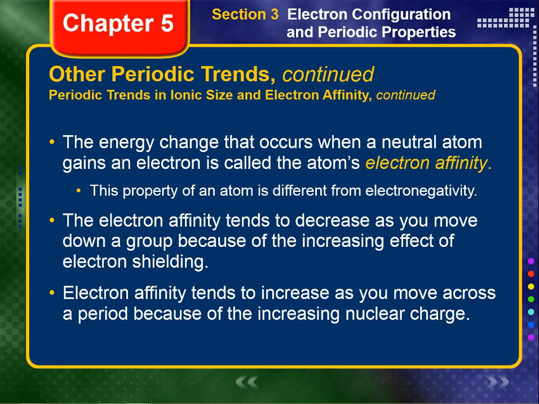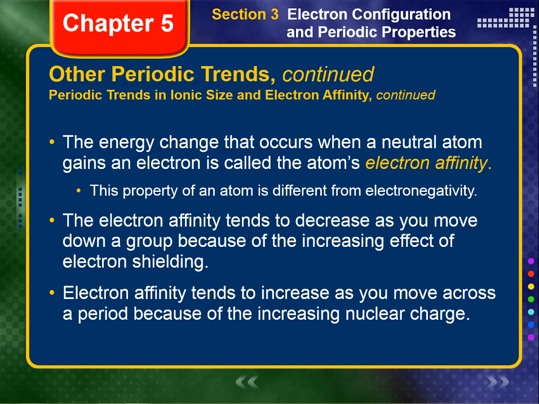So if you can start your understanding of electron affinity with that in mind, this will be a lot easier for you. The energy change, because it's either leaving or being gained, the energy change that occurs when a neutral atom gains an electron is called the atom's electron affinity. This property of an atom is different from electronegativity, right? Not the tendency to attract another electron.